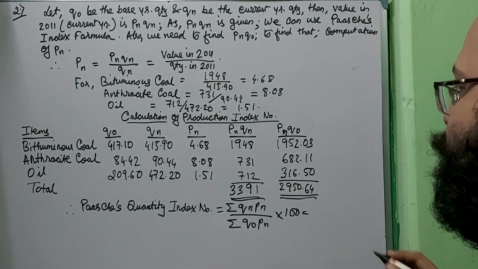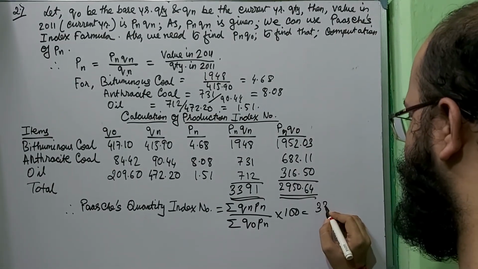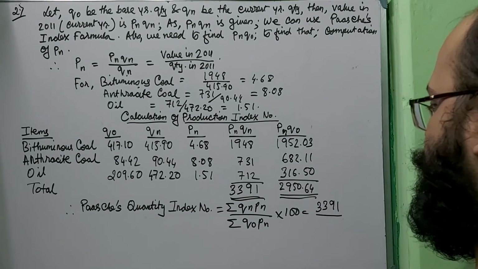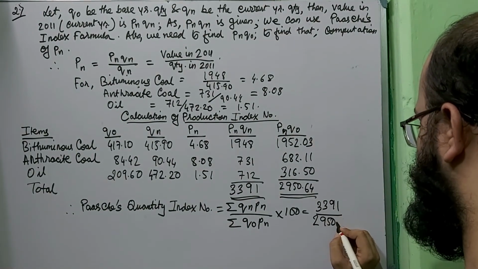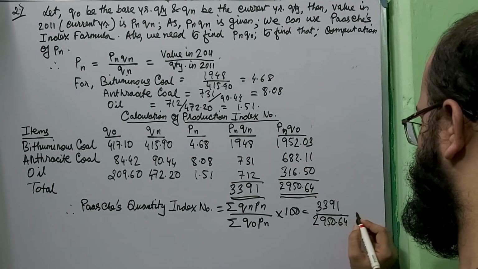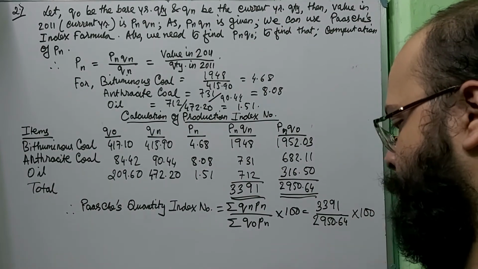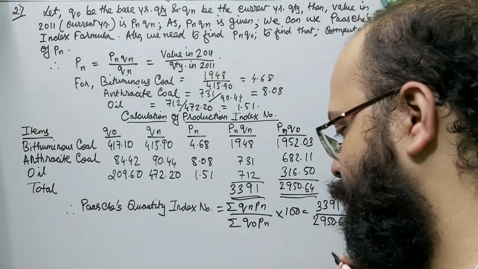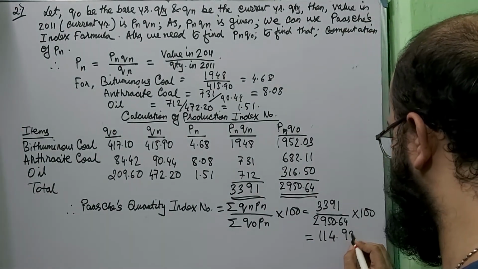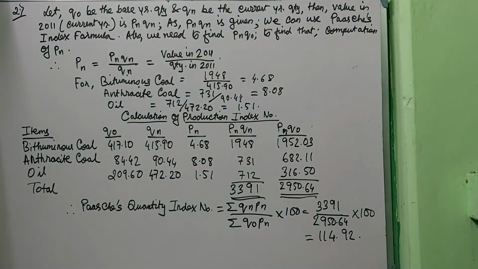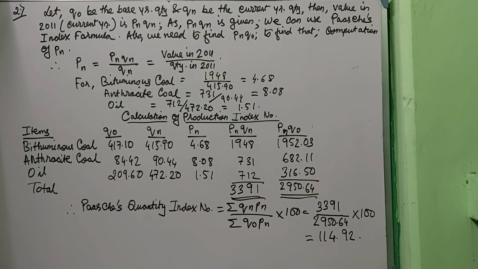QnPn is 3391. Q0Pn is 2950.64, into 100 is coming 114.92. So this is the answer of Paasche's index.